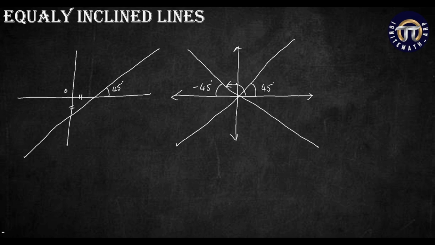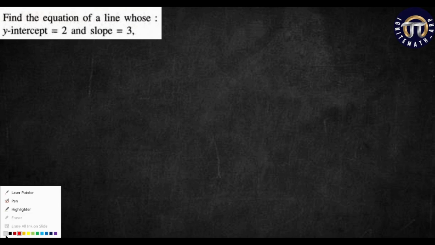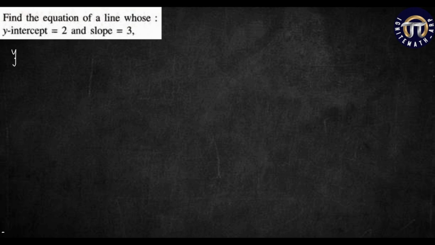Now let us solve some problems on these three different forms of the equation of a line. Let us start solving problems on the concept we just learned. Now let me take this example first. Find the equation of a line whose y-intercept is 2 and slope is 3. So y-intercept, which is denoted by the letter C, is equal to 2 and slope, that is m, is equal to 3.